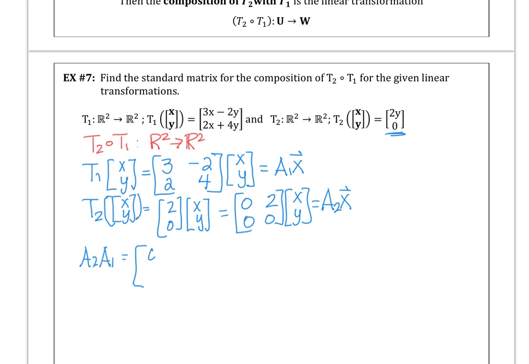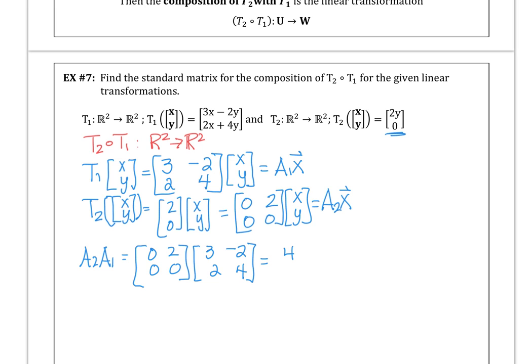So a2 is [0, 2, 0, 0], and then a1 was [3, -2, 2, 4], and matrix multiplication is going to give us that standard matrix. First row, first column: 0 times 3 and 2 times 2 is 4.